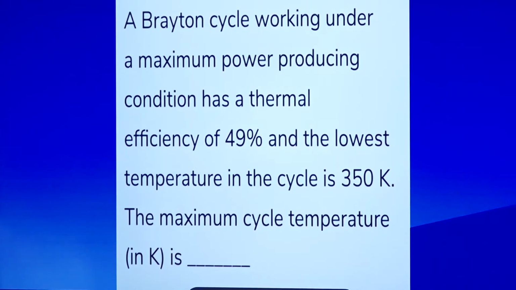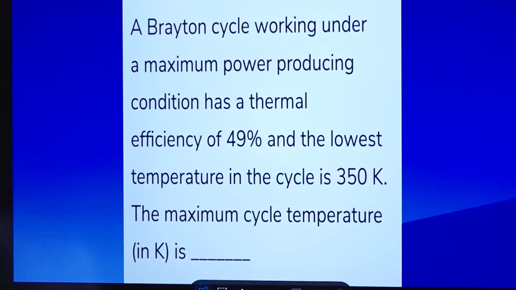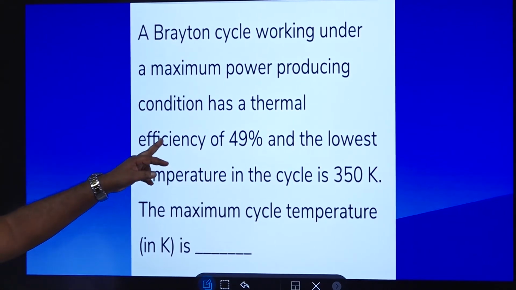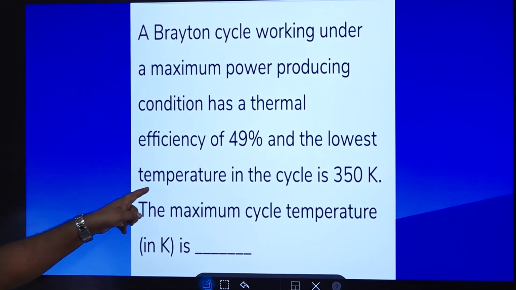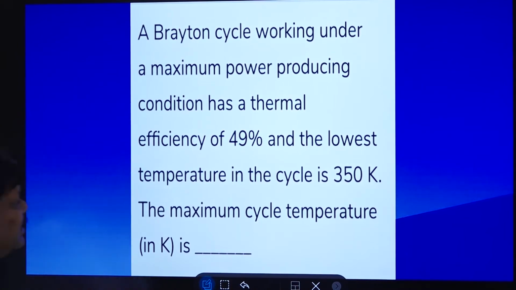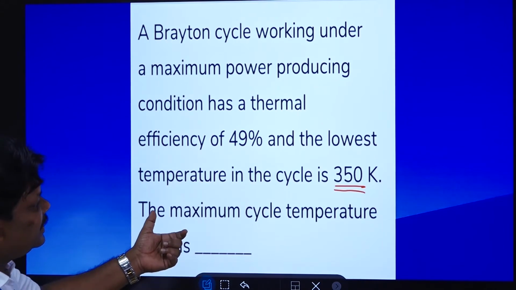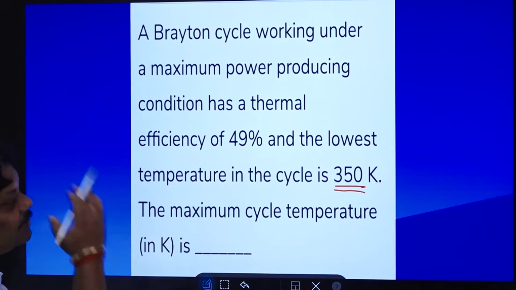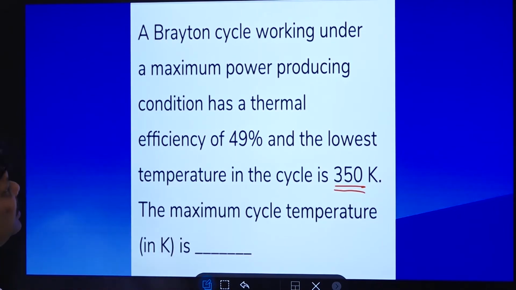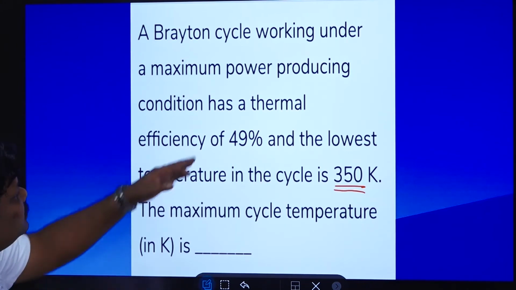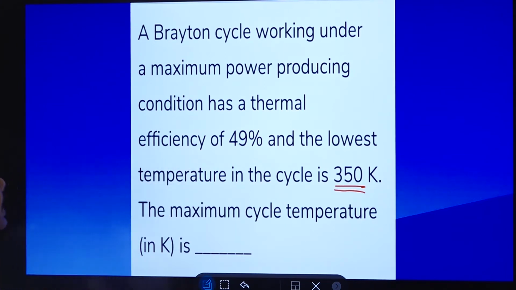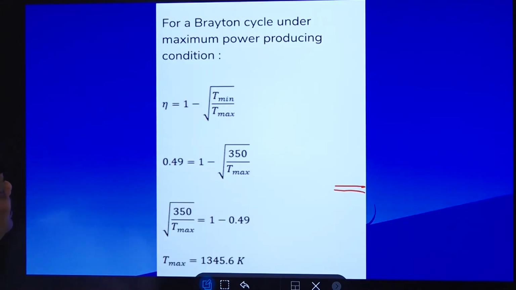So next is a Brayton cycle working under a maximum power producing condition with a thermal efficiency of 49%, and the lowest temperature in the cycle is given as 350 Kelvin. What is the maximum cycle temperature? We know the TS diagram for this Brayton cycle, and we also know the efficiency. So eta is known to us, it is 0.49, and the lowest temperature in the cycle, T1, is given to you.